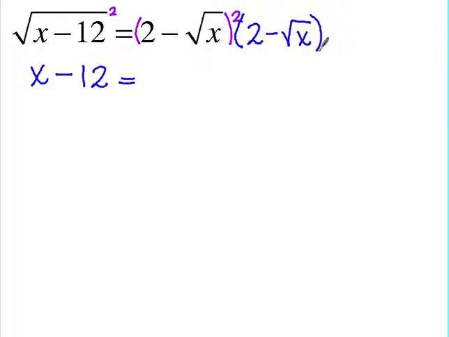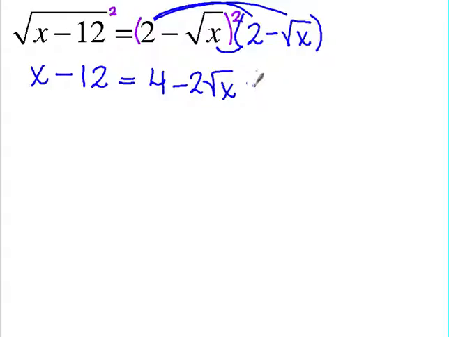So first terms, what do you get? 4, minus 2 root x. Okay. What do you get from the inside term? Minus 2 root x. What do you get from the last terms?